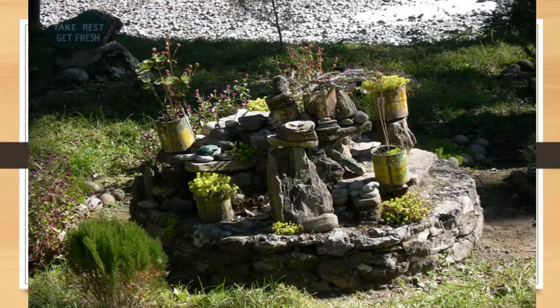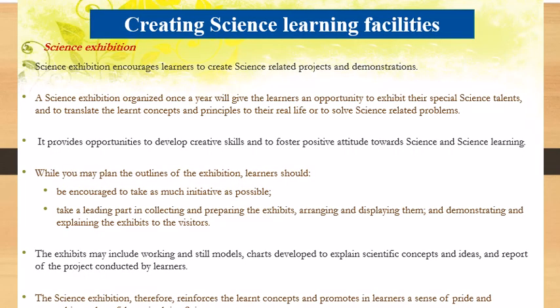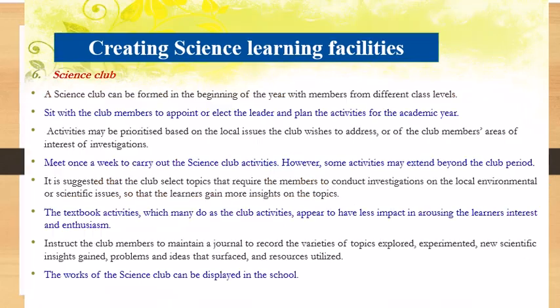Okay, then, science club. Every school must have a science club, mainly to advocate science activities. This group would be able to talk about the science and discoveries that are happening.